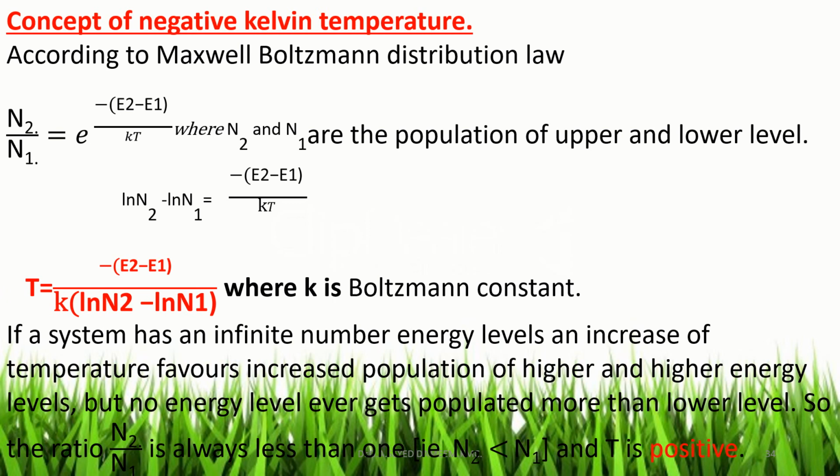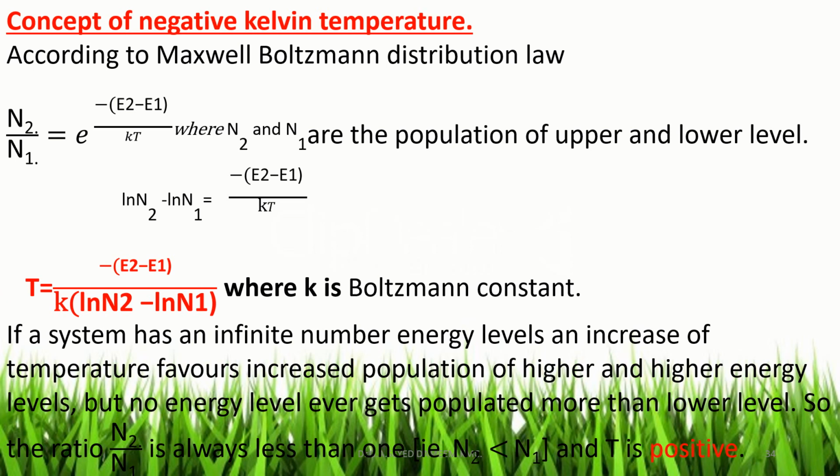That is, the upper level is never populated more than the lower level. So the ratio N2 by N1 is always less than 1, because N1 is greater than N2.